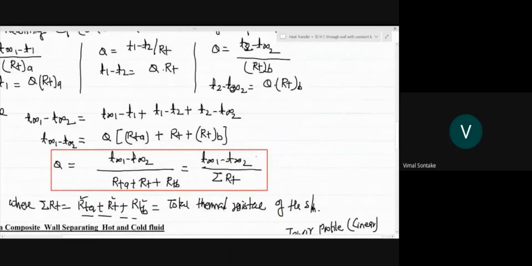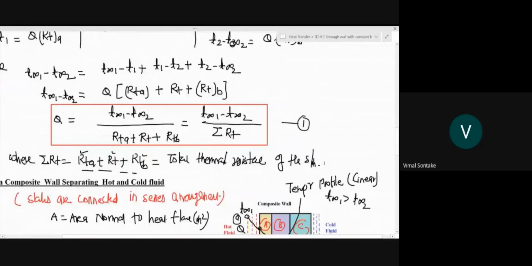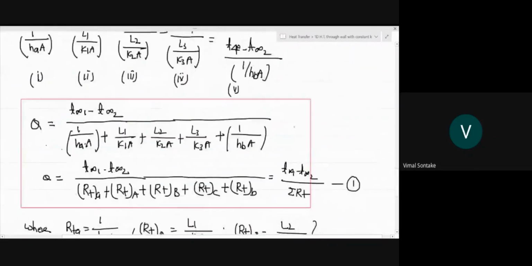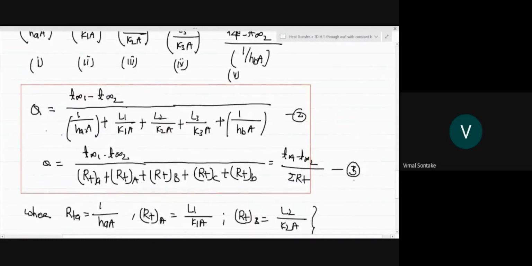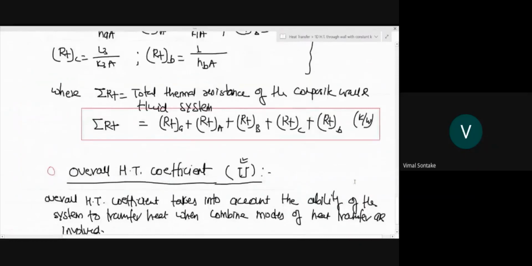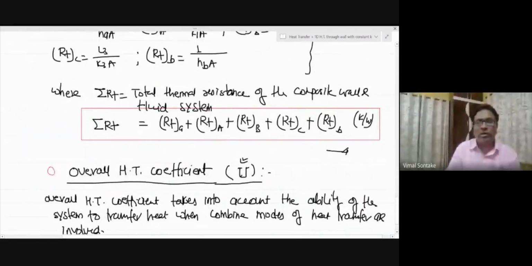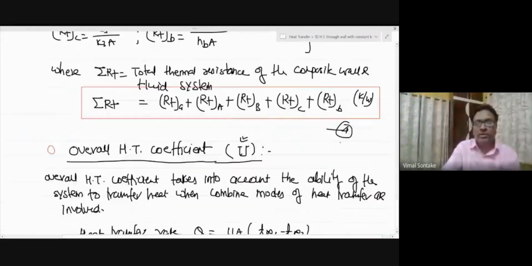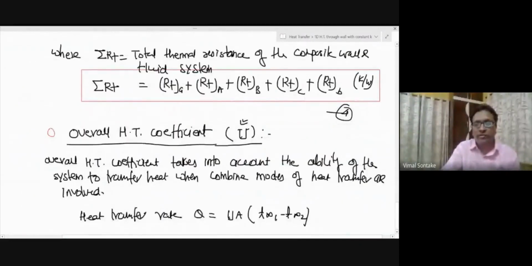This is equation number 1, and this is equation number 2. This is equation number 3. Let's say this is equation number 4, and this is equation number 5.